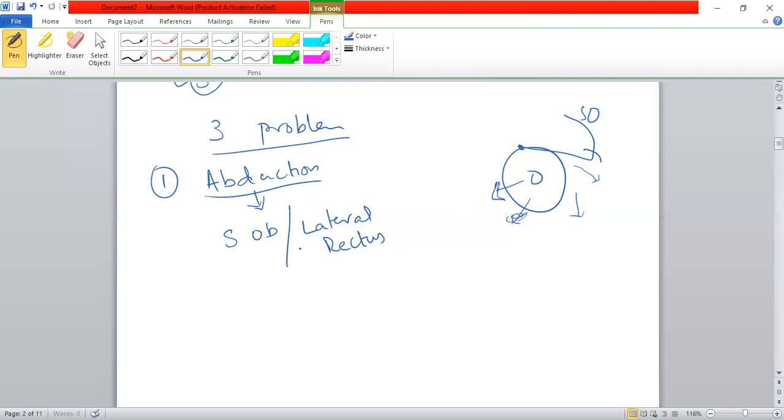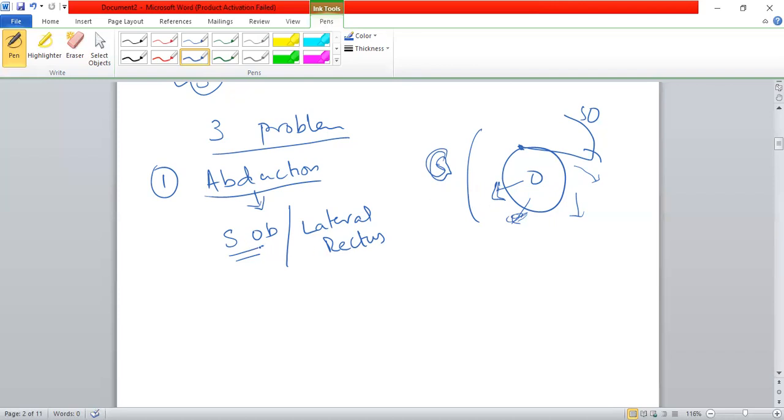Because you have an abnormality of the superior oblique, you would think lateral movement of the eyeball, for example movement towards your ear, will be difficult, because you are lacking the superior oblique.